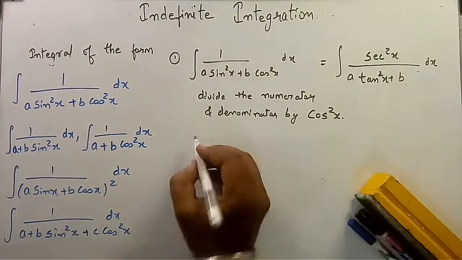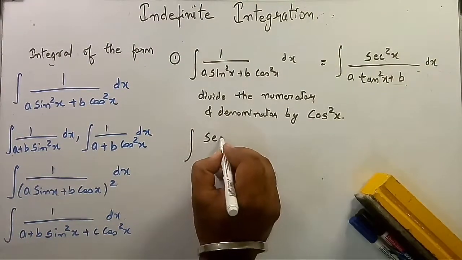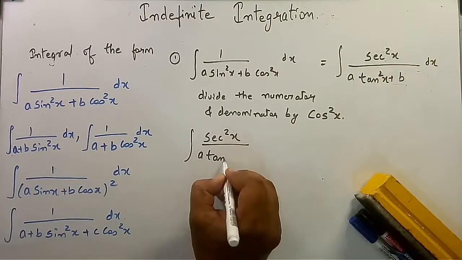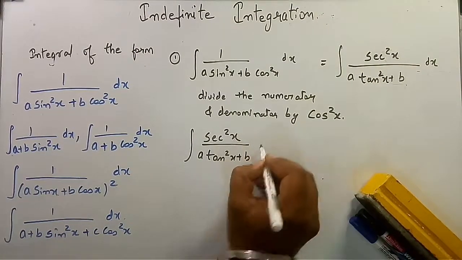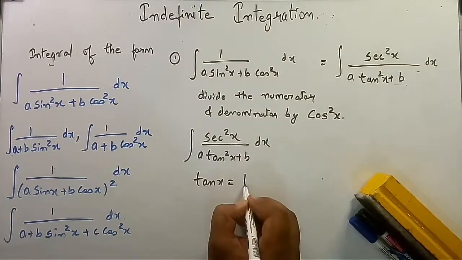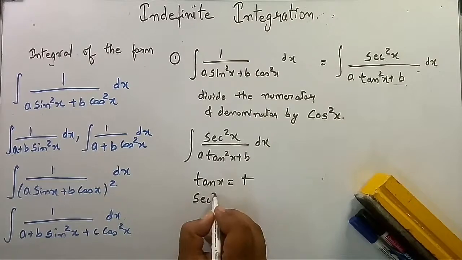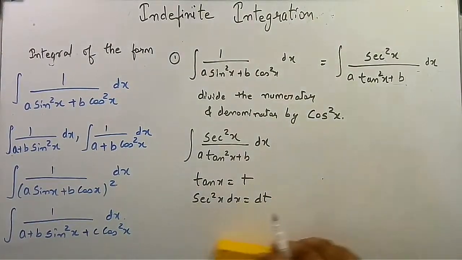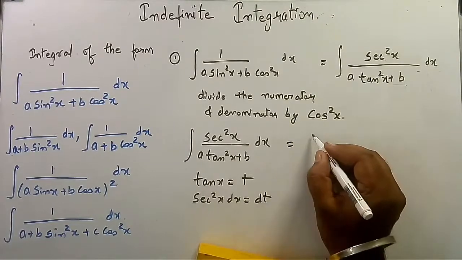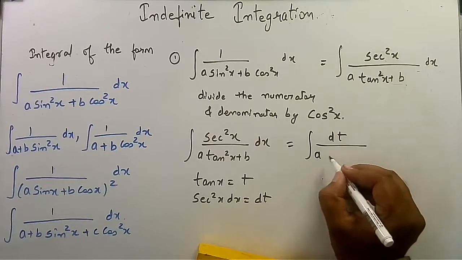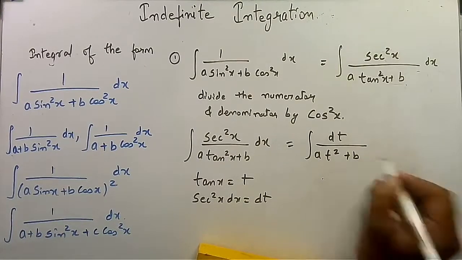Now what we have is the integral of sec square x upon a tan square x plus b dx. Now put tan x equals t, and this sec square x dx will go to dt. So this integral will be reduced to dt by a t square plus b.